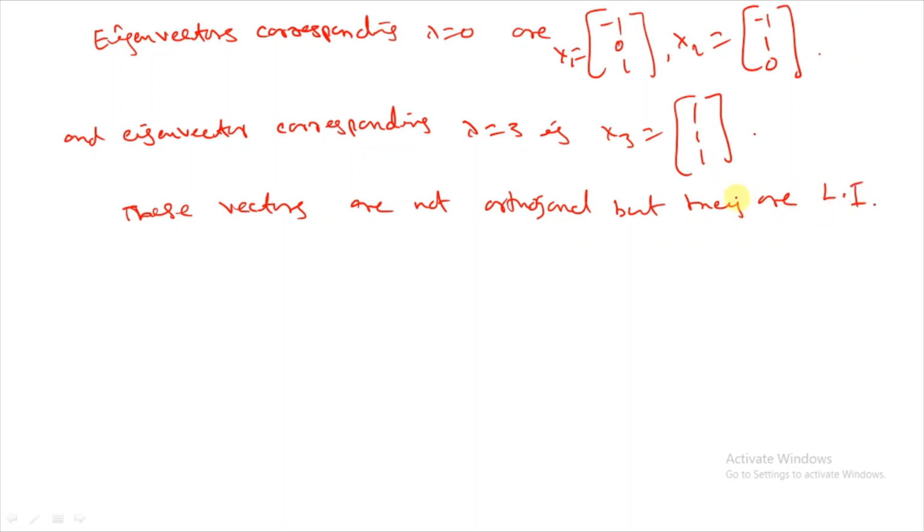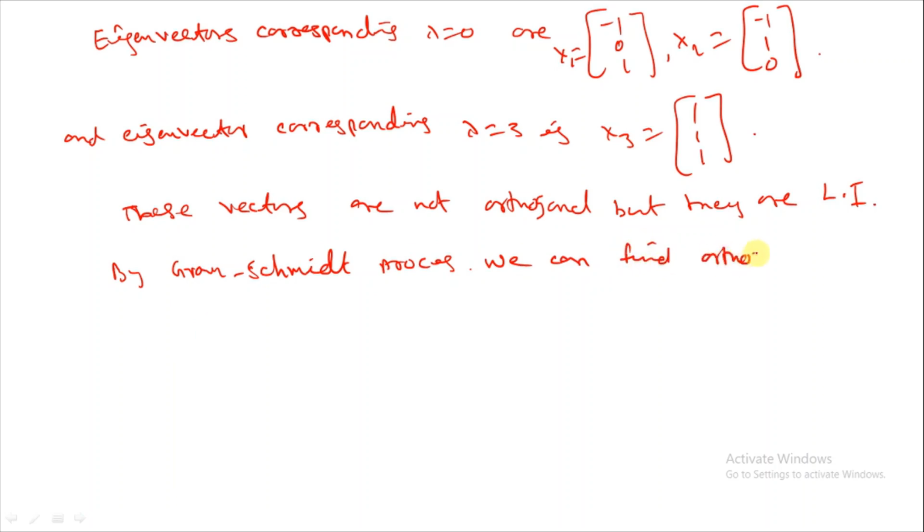Since they are linearly independent, by using the Gram-Schmidt process, we can find orthogonal vectors. If we know orthogonal vectors, we can write orthonormal vectors.